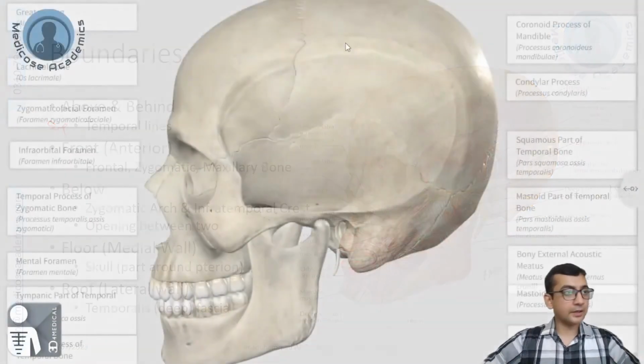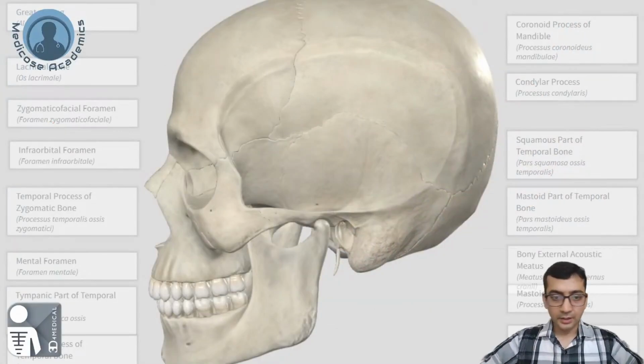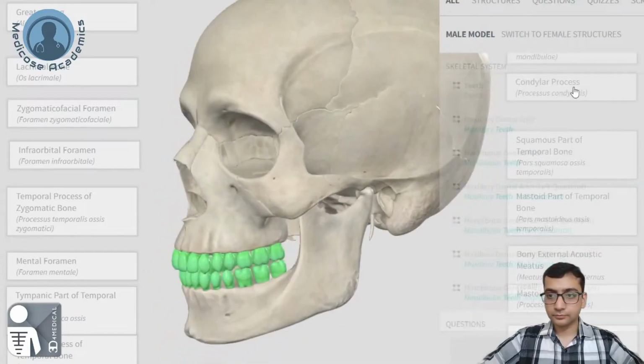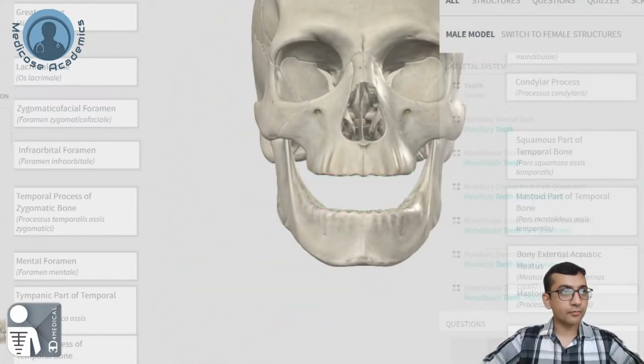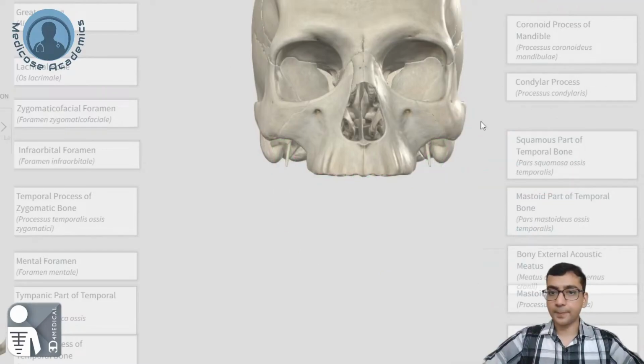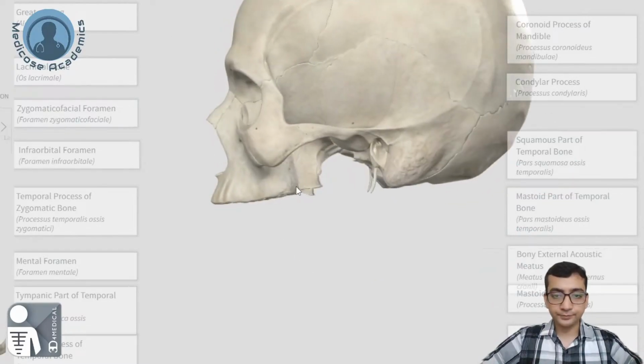Okay, I have a skull here, and let's remove the jaw. Let's remove the teeth, and let's remove the jaw. And okay, so we are left with the skull.